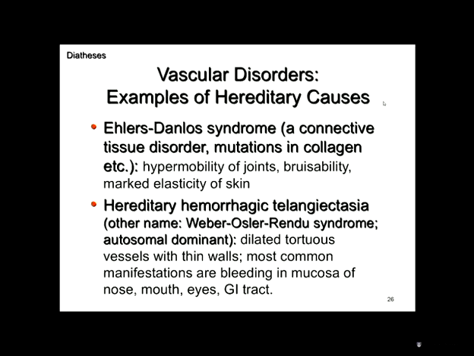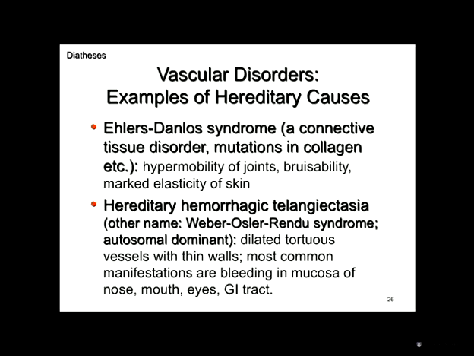Now, there are a couple of hereditary causes that you should know. One of them is called Ehlers-Danlos syndrome, and it's a connective tissue disorder, and obviously the function of the vessel depends heavily on how well the supporting connective tissue works, how good it is.